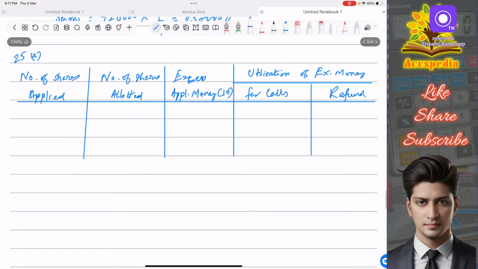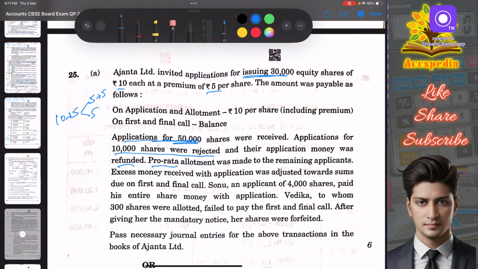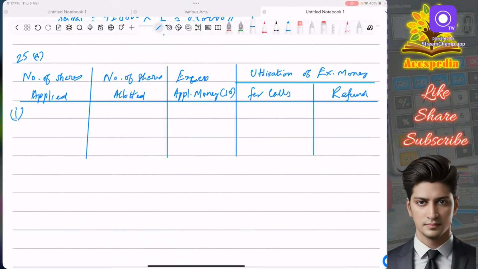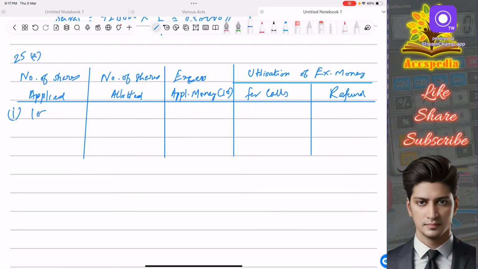This is the table. They said out of the 50,000 applications, 10,000 applications were rejected, so that means entirely refunded. Some people applied for 10,000 shares and you allotted nothing. The entire 10 rupees excess money, 10,000 into 10, is 1 lakh.